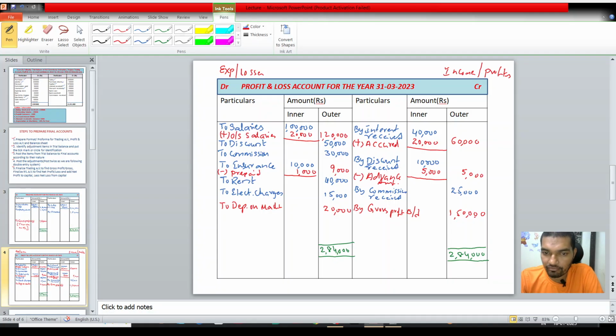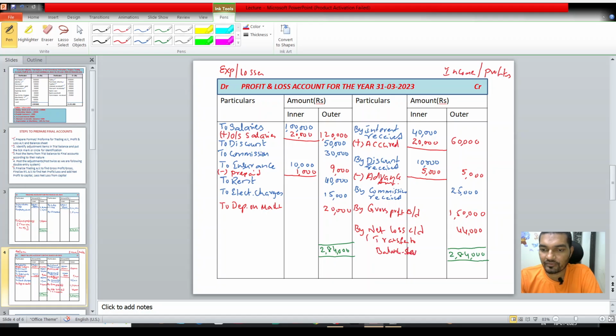So 44,000 rupees we need to consider as the net loss carried down. Transfer to the balance sheet.